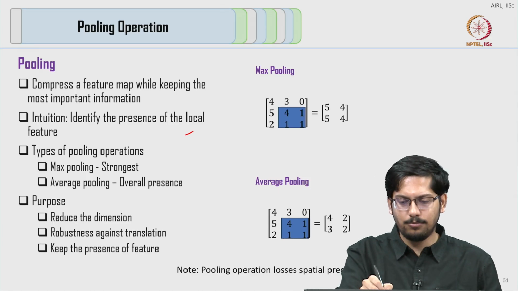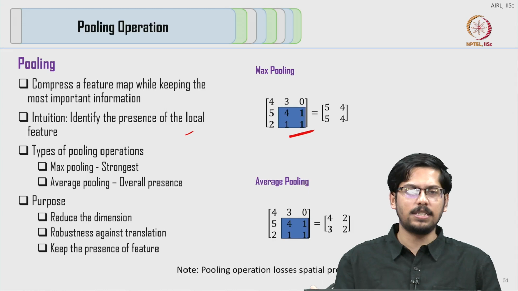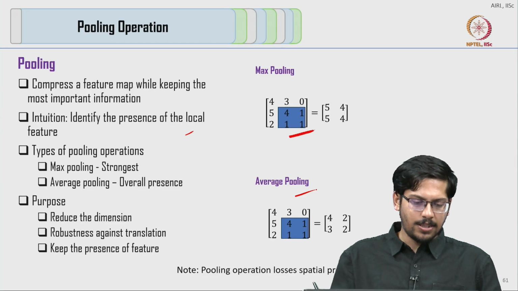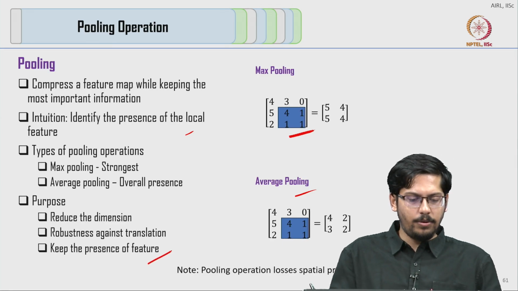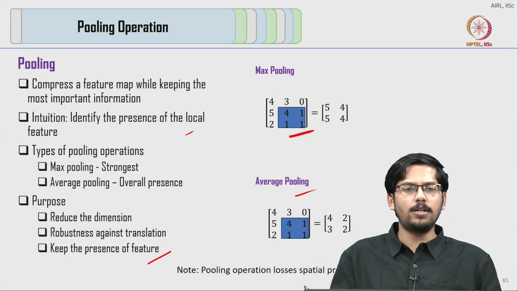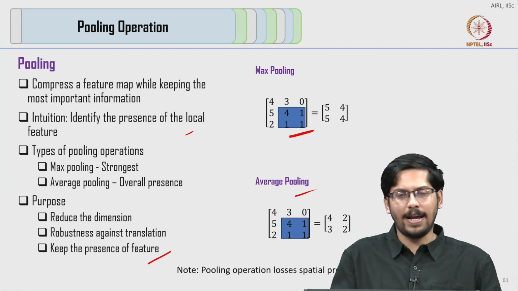Max pooling identifies the maximum value of the activation within the local receptive field, while average pooling generally just gives us an average. The purpose of pooling could be to reduce the dimension, to gain robustness against translation, or to keep the presence of the features with the highest activation or the mean of all activations.